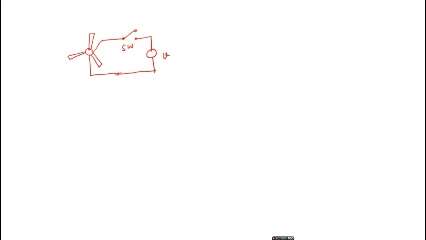So consider the simple analogy: a fan connected to voltage, and here a switch. Usually that switch will be like this in your home. Here you may write on, here you may write off. So this is the representation of a switch here.